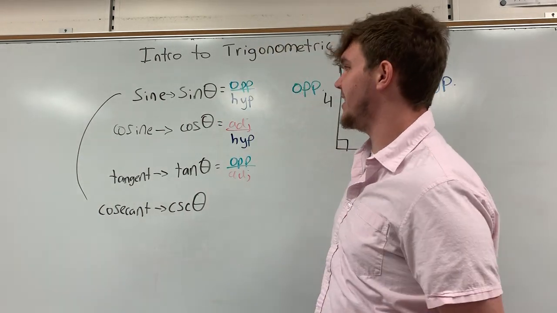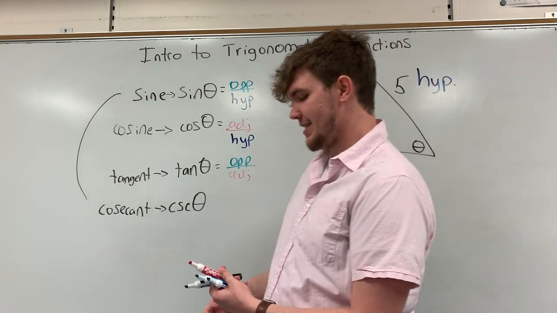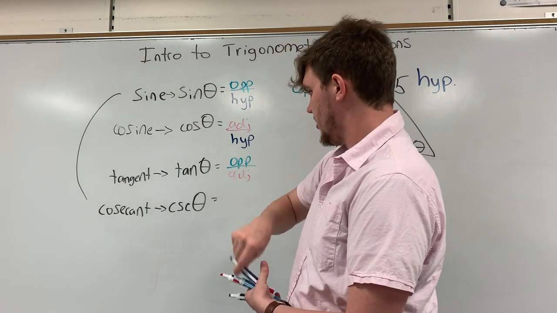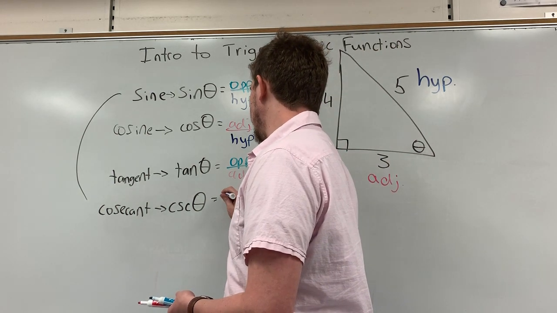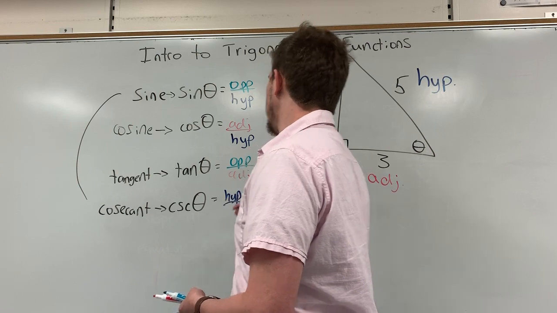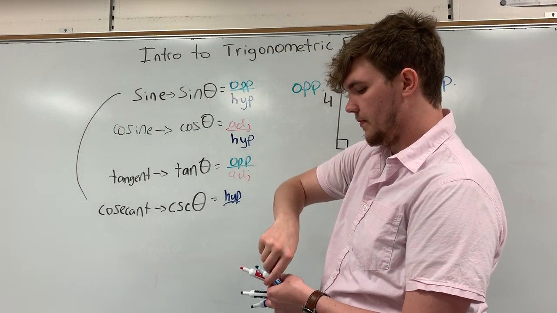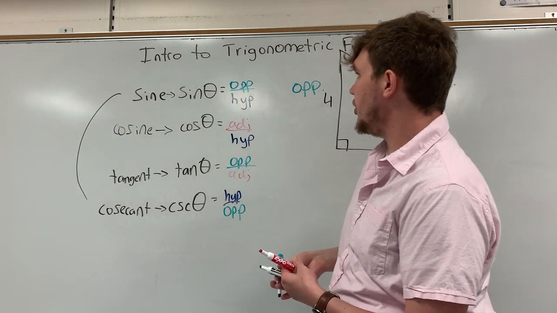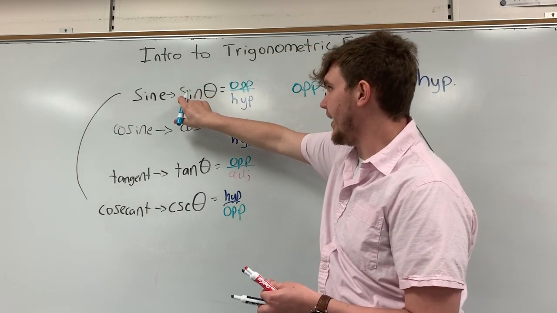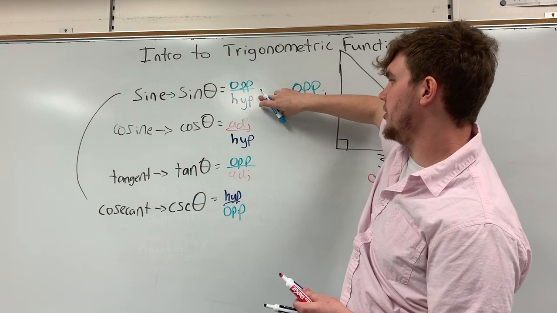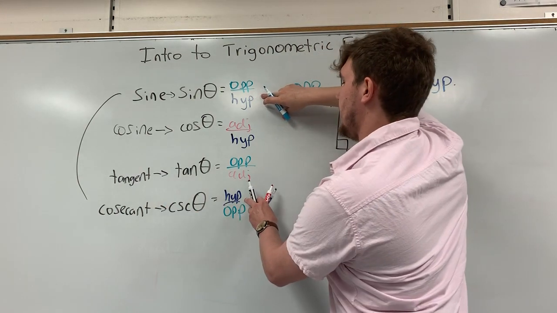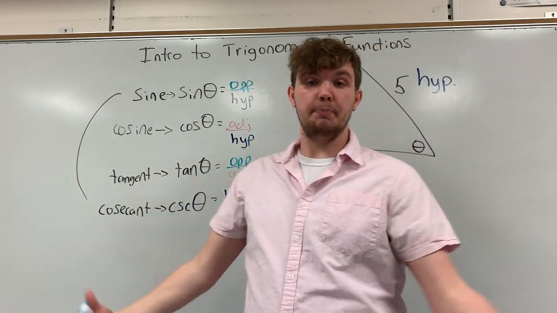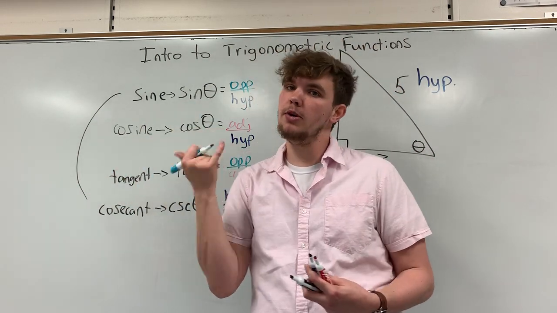Cosecant is defined as the hypotenuse divided by the opposite. If you notice, sine is opposite divided by hypotenuse. Cosecant is hypotenuse divided by opposite. They flip. They are literally reciprocals of each other.